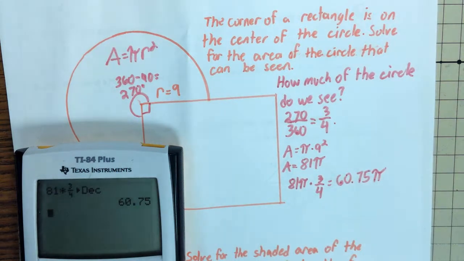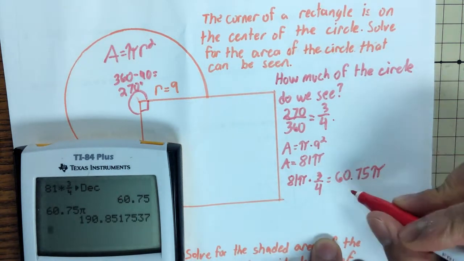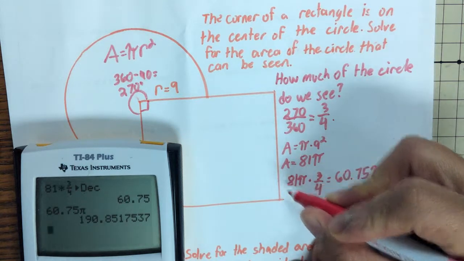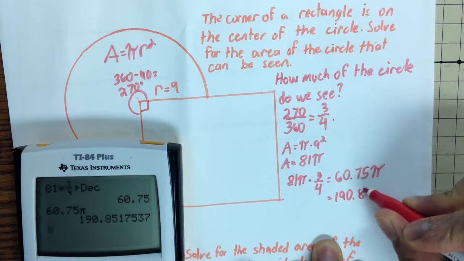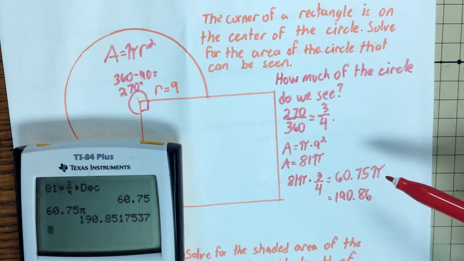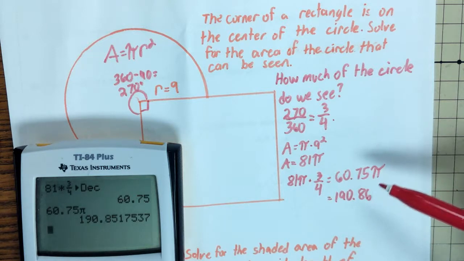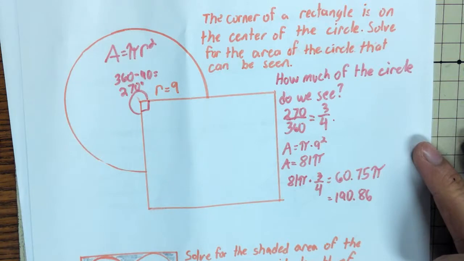And don't forget the pi. 60.75 pi, which, calculated out, is 190.86 units. So we see 60.75 pi of that circle, which is 190.86. There's my area.